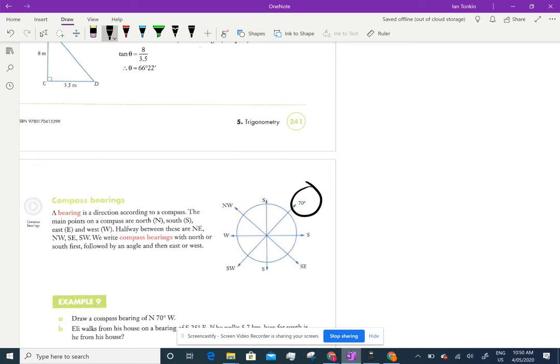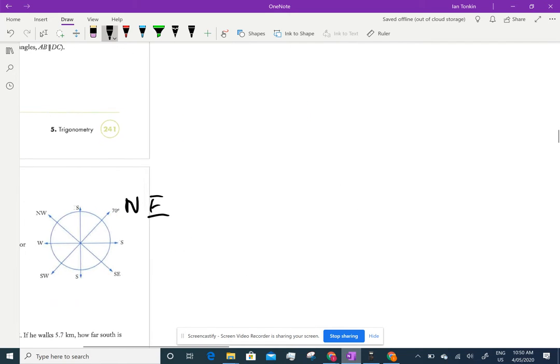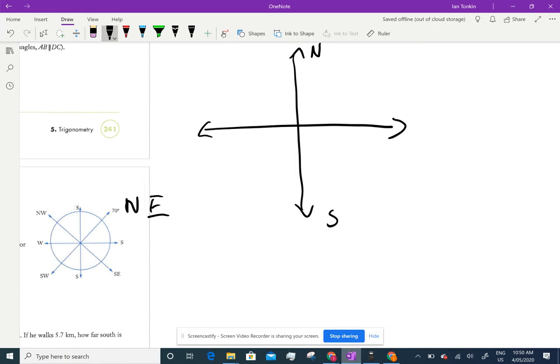Anyway, so when you draw your compass diagrammatically, you just put your 4-star compass, and you have north and south and east and west.